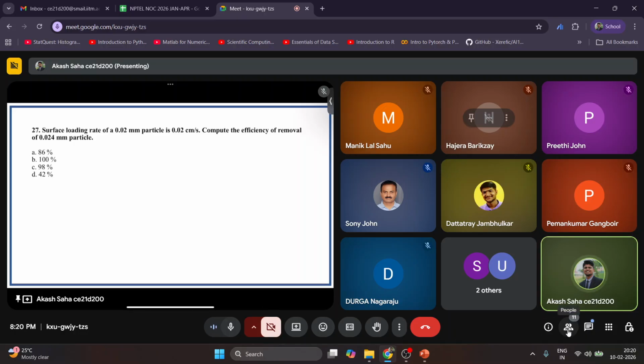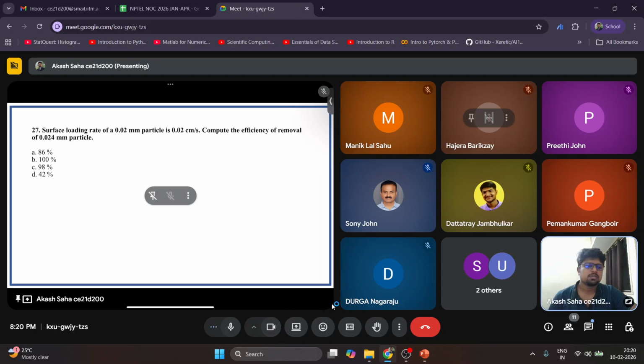Anyone who would like to try or take a guess, or you can tell your thought process. How do you want to solve this problem? Any idea? Because we are talking a lot about overflow rate and settling velocity. Here the surface loading rate is given, the particle diameter is given, and it is asked for another particle diameter.